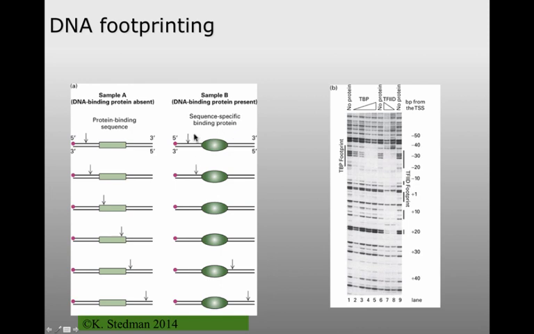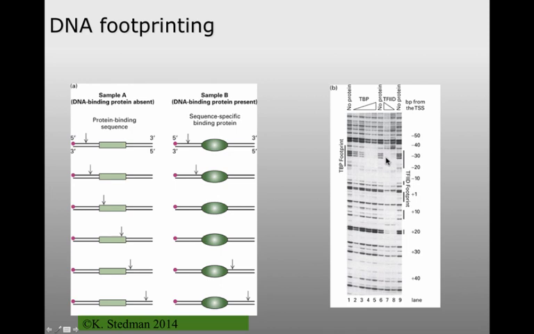If, however, you have a DNA binding protein that binds to this piece of DNA, it will stop this cut here, but you'll have pieces of DNA that are cut on the outside of where that protein is interacting with DNA, and that gives you the so-called footprint. What you're looking for is absence of cutting in one particular region.